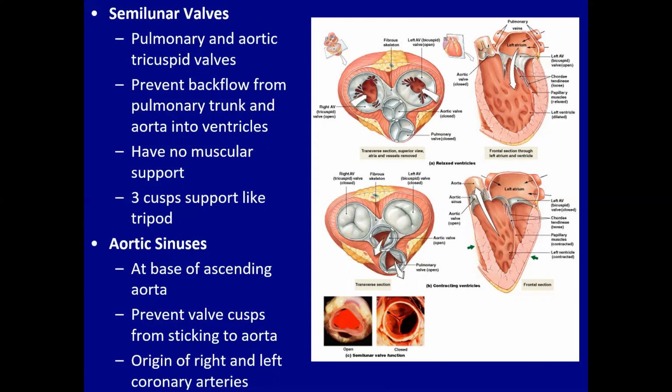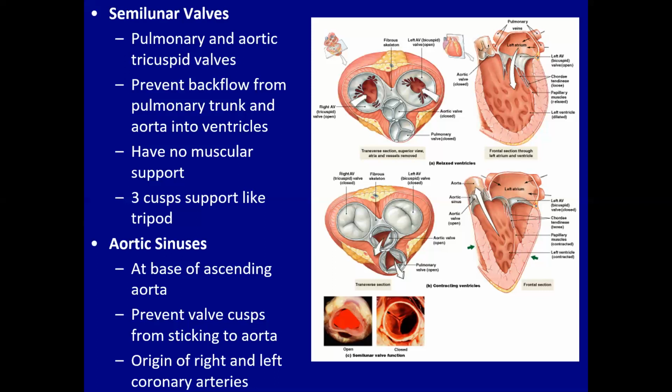When blood is pushed from the left ventricle into the aorta, that pressure opens those valves. But when the contraction stops, blood actually will fall back, and because it falls back, it fills those cups and keeps them closed, right?